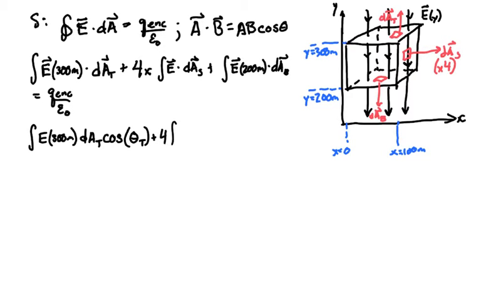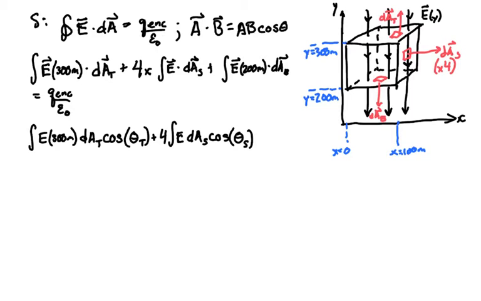Plus 4 times the integral of the magnitudes of the electric field and our differential area vector on the side. The magnitude of our differential area vector times the cosine of the angle between those vectors. And since all of these sides are the same, and we can say that because the electric field is pointing directly downward, our side differential area vectors are all going to be the same angle from the vector of the electric field.